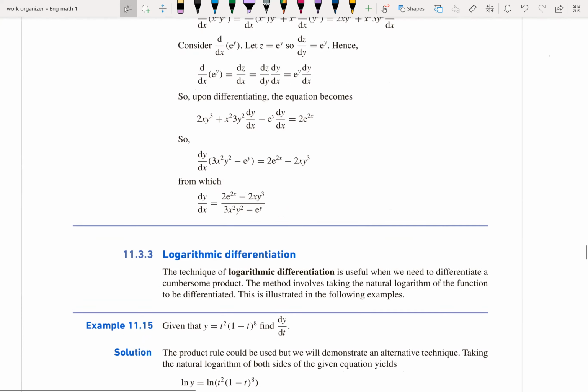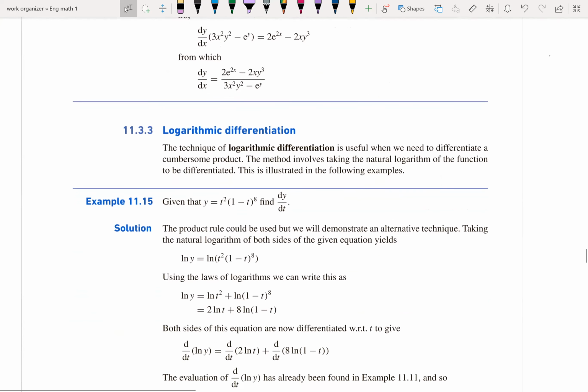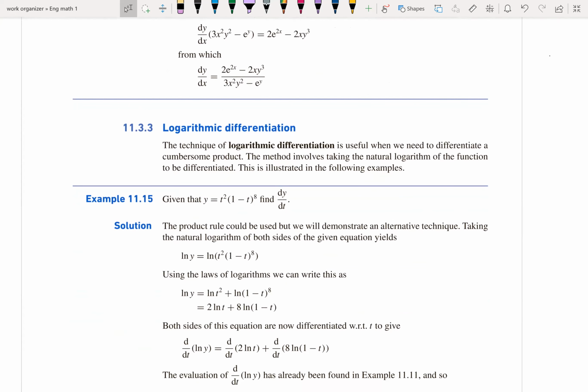Jump straight to logarithmic differentiation. This is useful when we have to differentiate a cumbersome product. Let's say, we just do example 11.5 here.